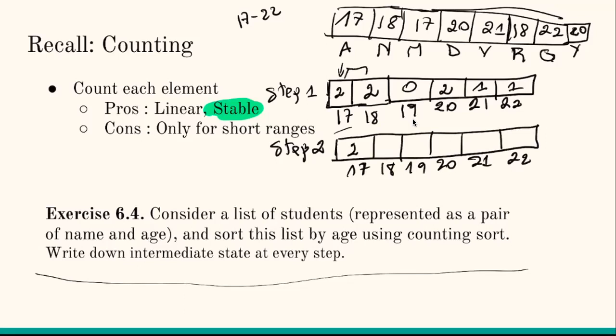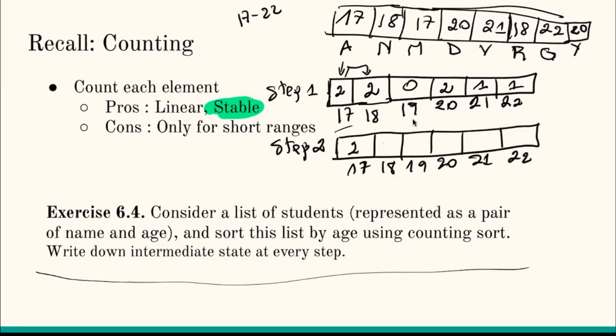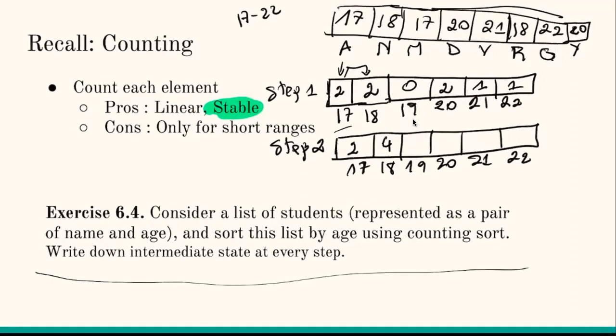We sum this to what we have there. So this means that from index 3 to index 4, we have our 18s, okay? We also sum with what we have there. So from here and here, we still have 4, and then we sum what is there plus this one. So we have 4 plus 2, we have 6, okay?